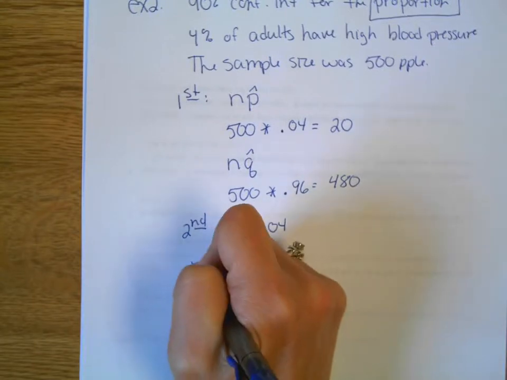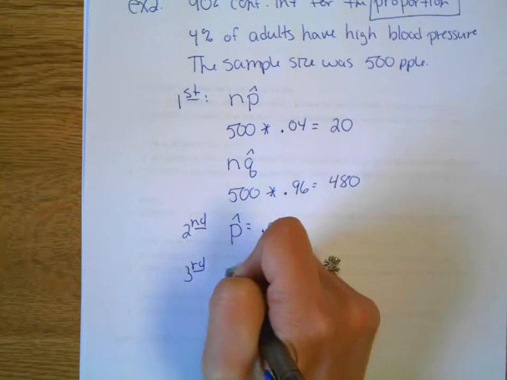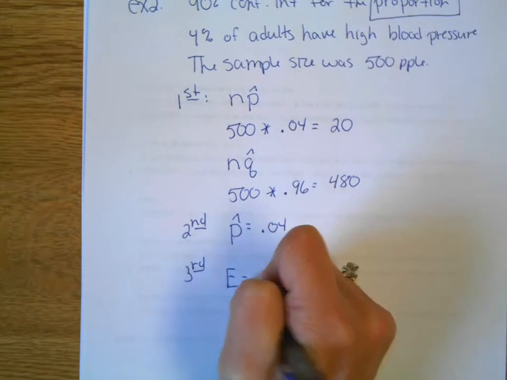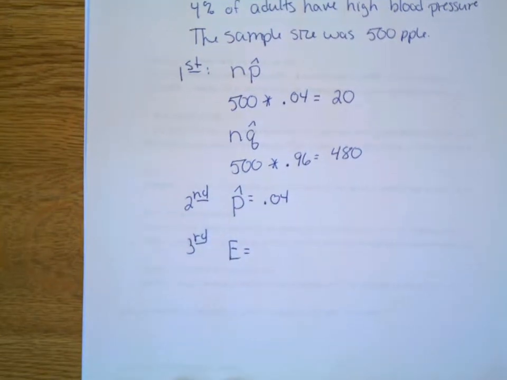And now our third step is to calculate max error. That formula said take the z-score for 90%. Oh, we never multiplied by the 1.645, did we? Or did I? Yeah. Okay.